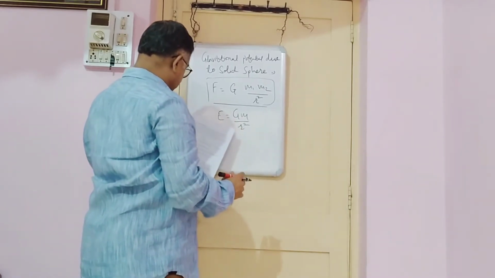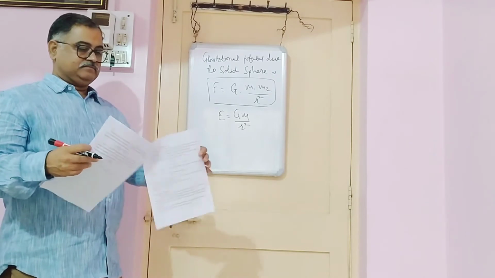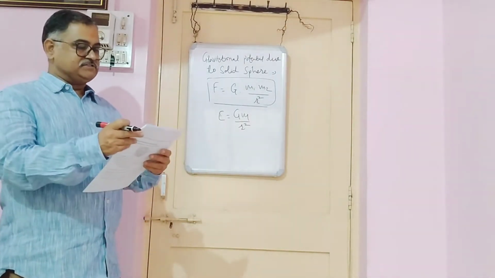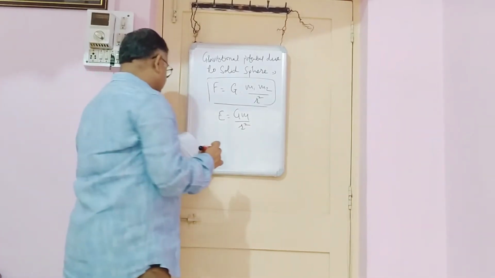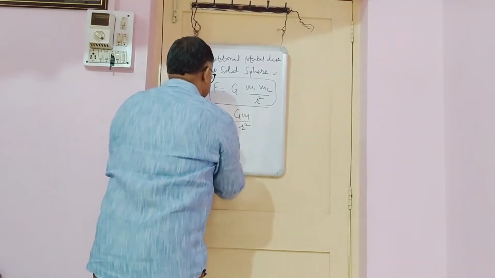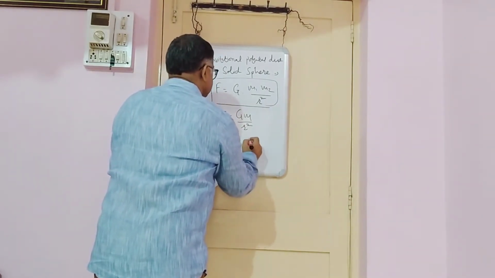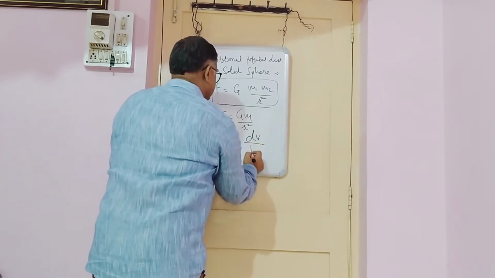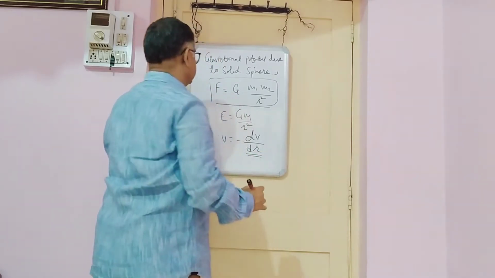And afterwards again gravitational potential we discussed, and we got the relation that the gravitational potential V is given by V equal to minus dV, the difference in the potential, to dr, the difference in the distance.